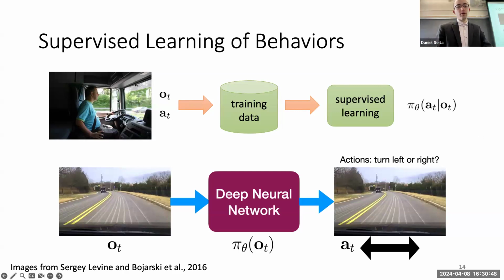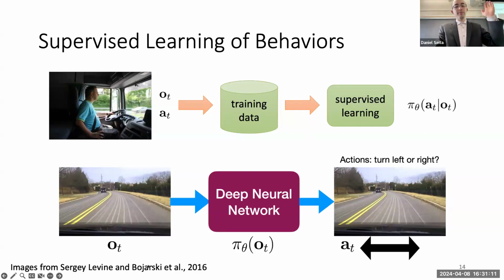The car, or this looks like a bus, would collect some camera images. The action would record what the human is doing, like moving left or right, or braking. You would put that all in training data. Then you would run supervised learning to get your policy.